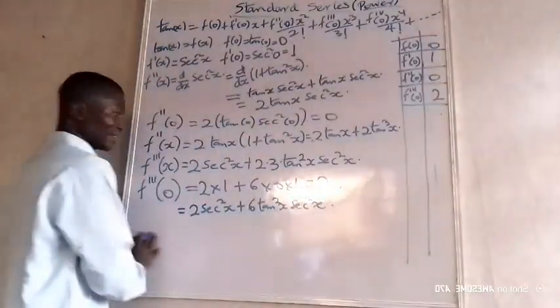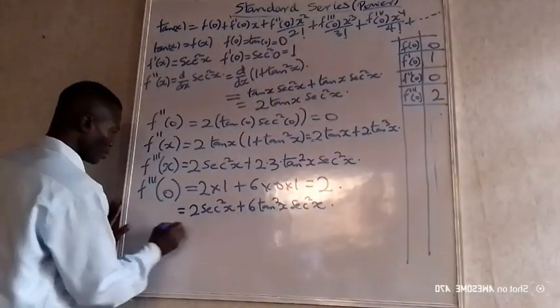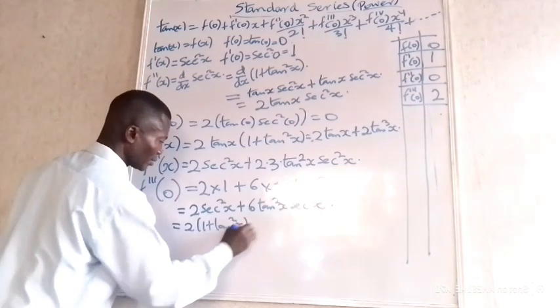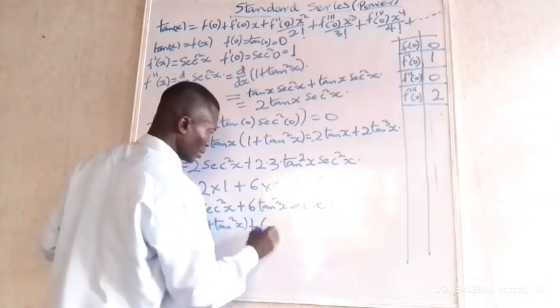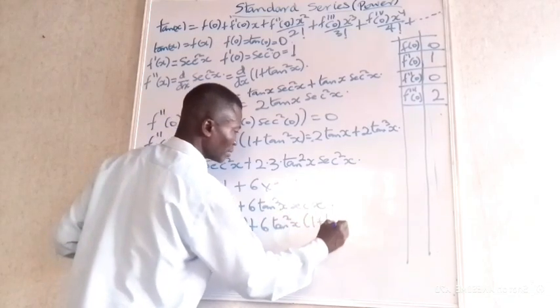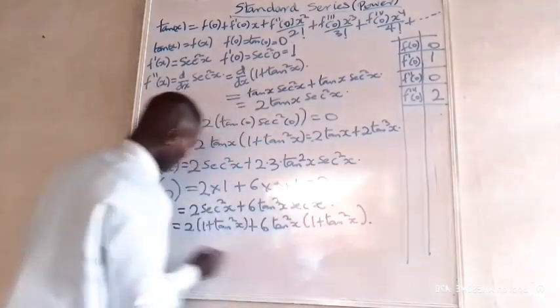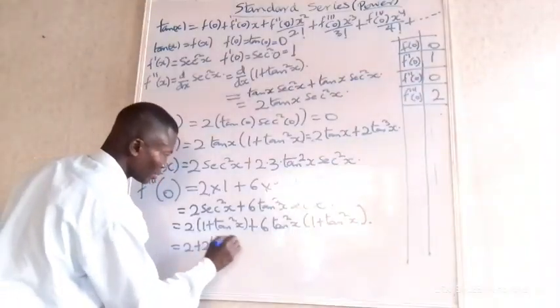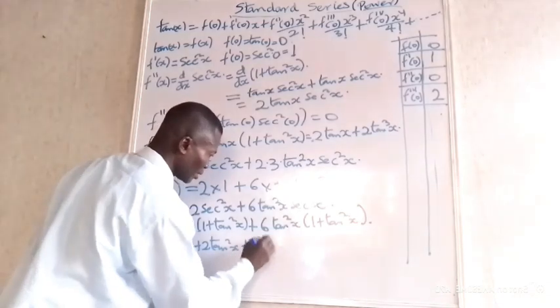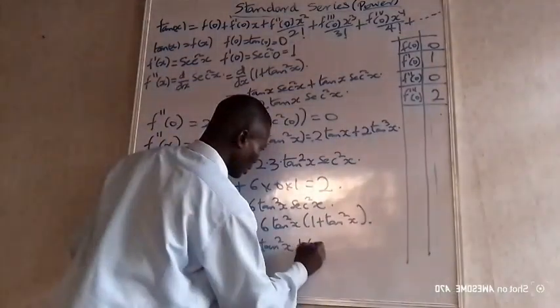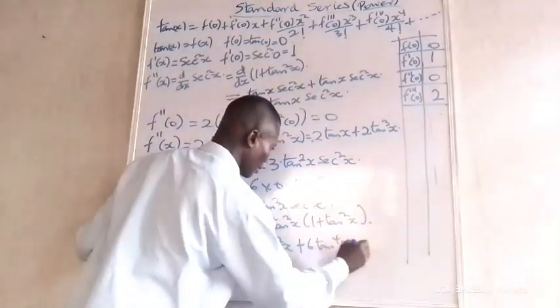Now let me express everything in terms of tan to make it easy. So it's going to be 2 into (1 plus tan squared x) plus 6 tan squared x into (1 plus tan squared x). So this is 2 plus 2 tan squared x plus 6 tan squared x plus 6 tan raised to the power 4 x.